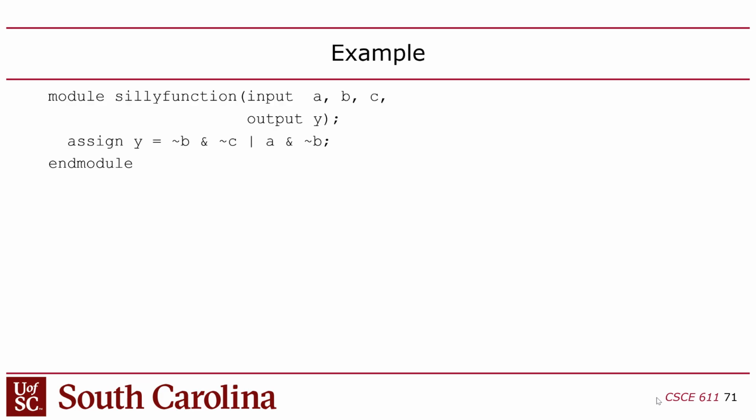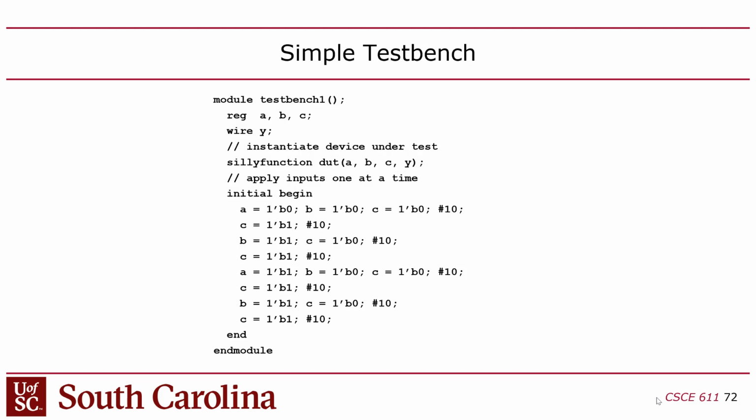Okay, so let's say we have this design called silly function. It has three inputs, A, B, C, output Y, and it has one continuous assignment statement in it, Boolean logic. And we can create a simple testbench. Now notice that the testbench has no inputs and outputs. That's important because the testbench is responsible for acting by itself. It doesn't need any outside influences, right?